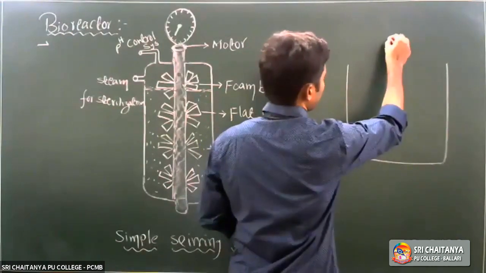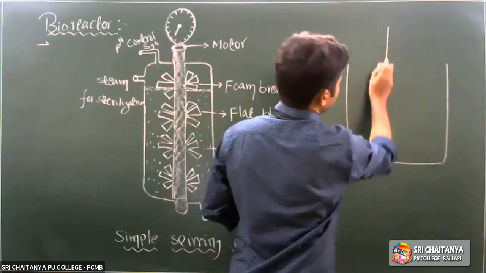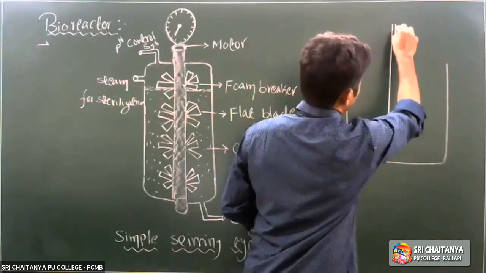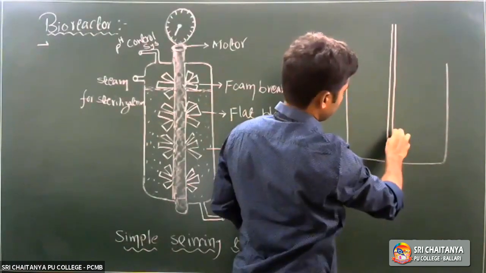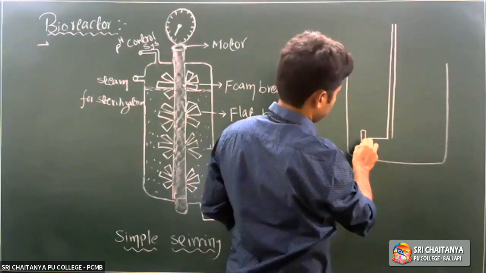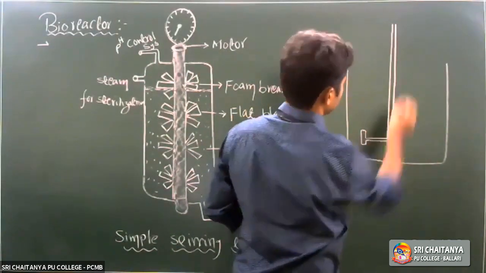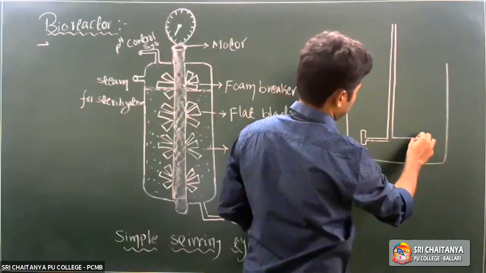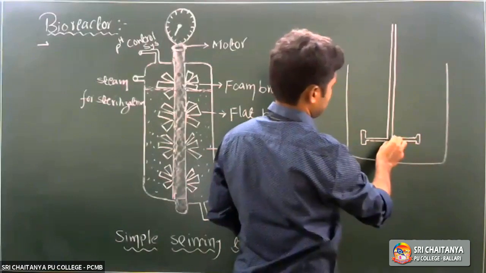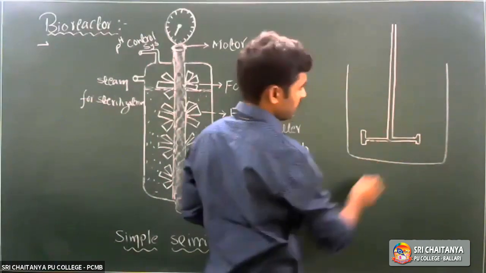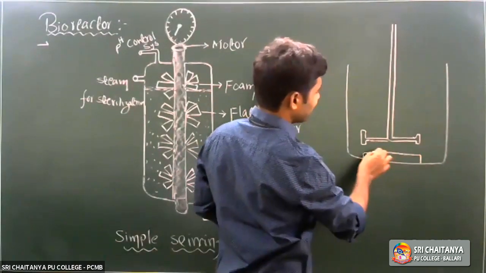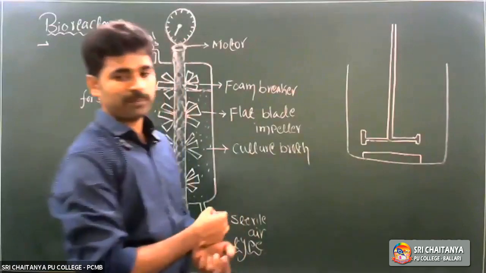Come to here. Second method, second type of bioreactor, sparged. So this is the sparged type of bioreactor. What is the difference between the simple stirring type of bioreactor and the sparged type of bioreactor, sir?